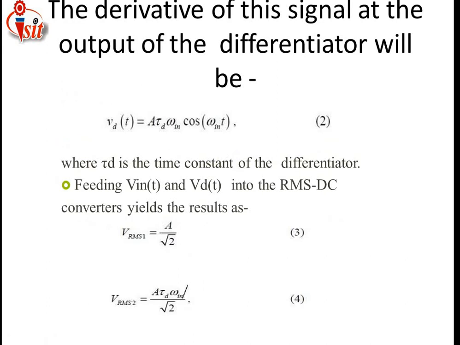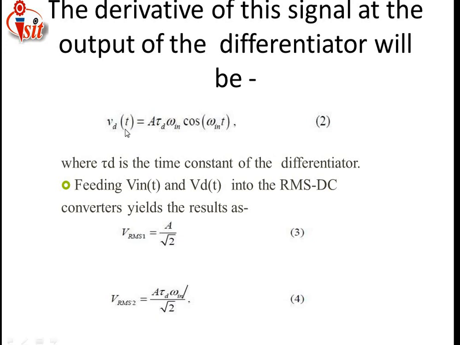Then the derivative of this signal at the output of the differentiator will be as follows. We have discussed that for voltage to frequency conversion we need an integrator or differentiator, but here we are using a differentiator. For the derivation related to the voltage to frequency conversion we are taking only a differentiator.